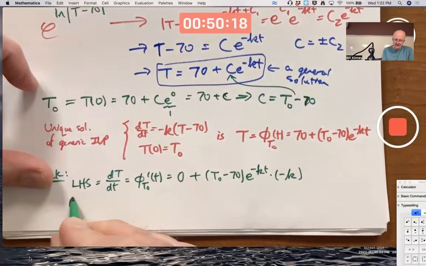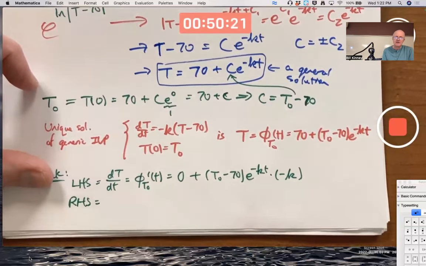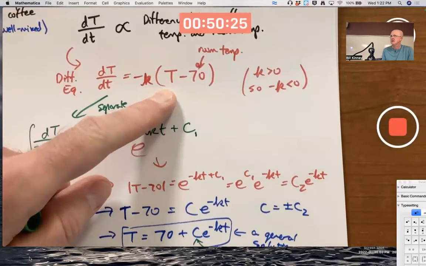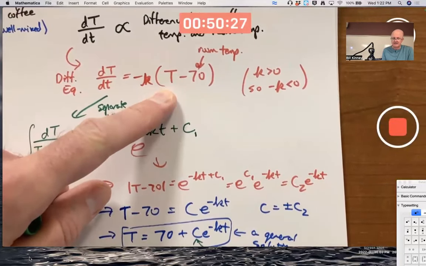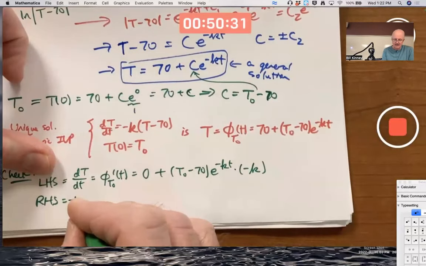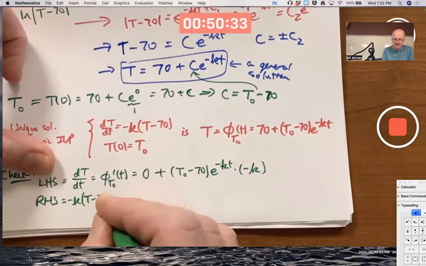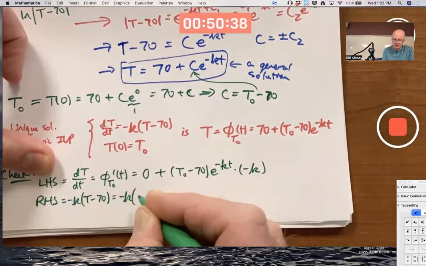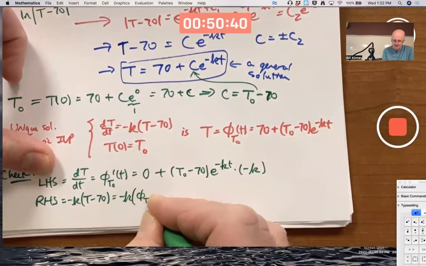The right-hand side, negative k times, in parentheses, capital T minus 70. Replace capital T, the dependent variable, with the function.